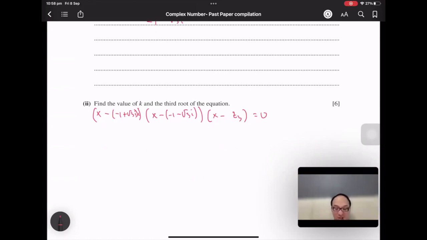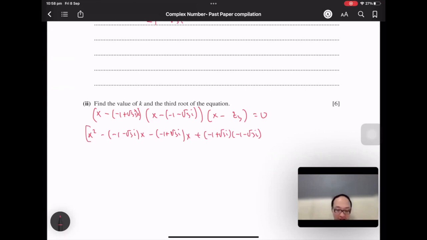So we can expand this one first. So this is x squared, minus (1 minus root 3i) x, minus (1 plus root 3i) x, and then plus (1 plus root 3i)(1 minus root 3i).